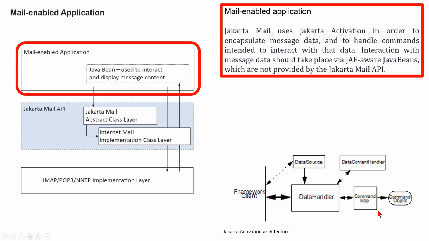Jakarta Activation defines the CommandMap interface, which provides a flexible and extensible framework for the command map. The CommandMap interface allows developers to develop their own solutions for discovering which commands are available on the system.